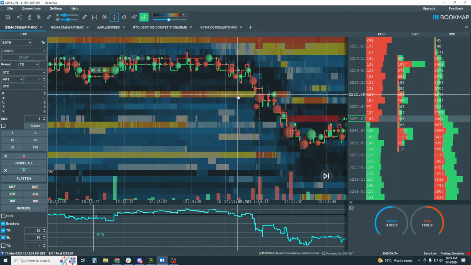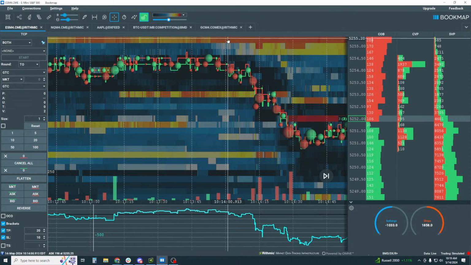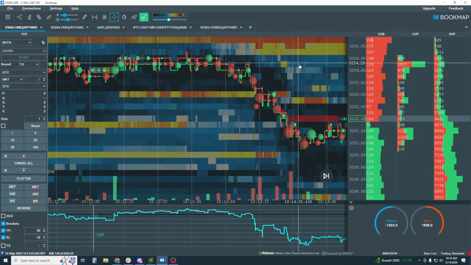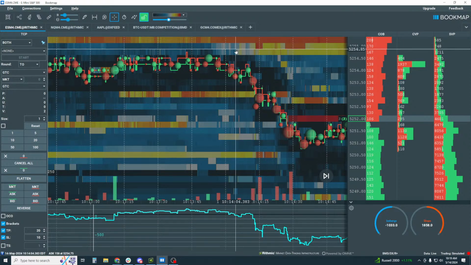Now we're looking at where the buyers and sellers are in the auction, in the order flow. This is where we see buyers on the bid here. This heat map is showing us limit buy orders. On the above price, these are limit sell orders up here. Okay, so we see a little bit of selling pressure comes in on the offer up in here.